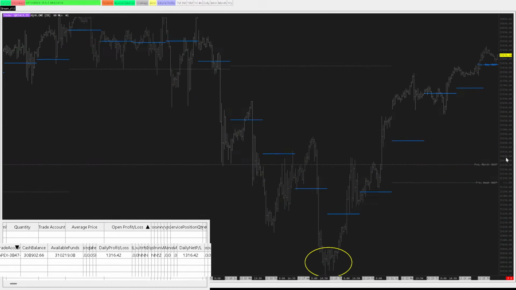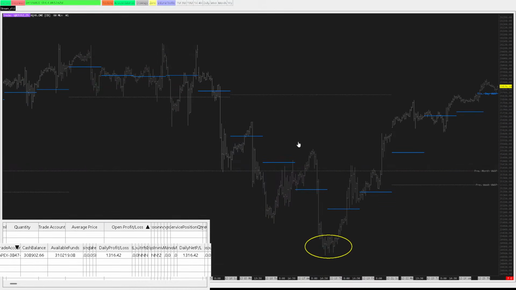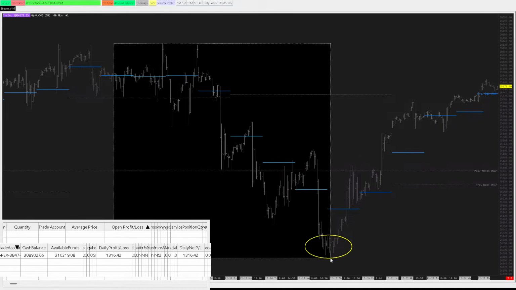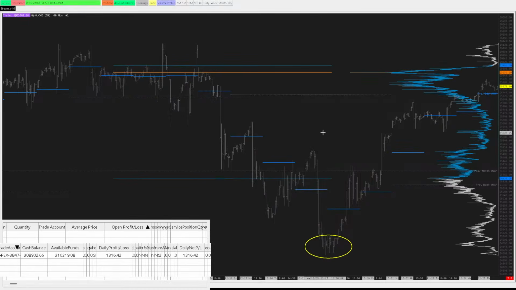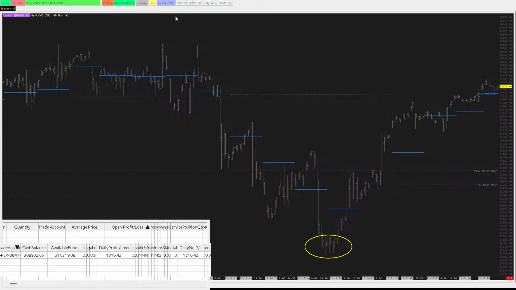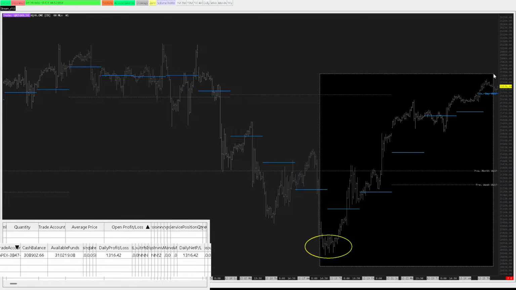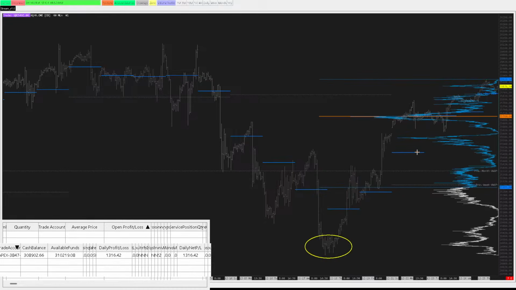If I was over here, and I was drawing my FRVP this way, then I'm looking for areas to short. Does that make sense? So let's continue this, because once I get a thought in my head, I've got to stick with it. So we're going from our low up, up, up to right there.